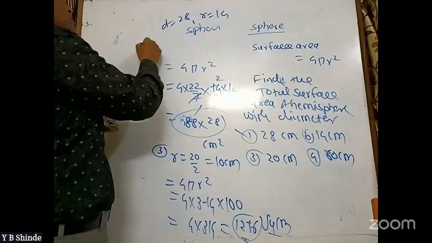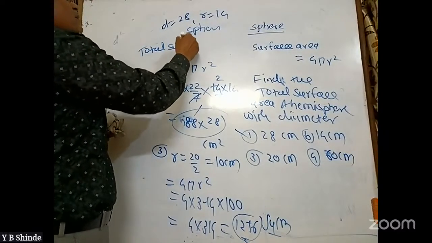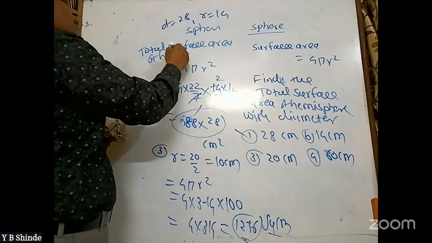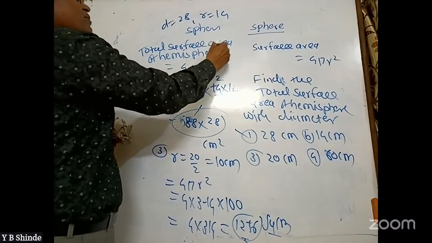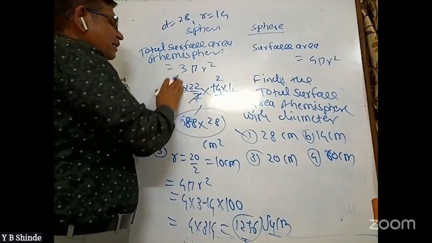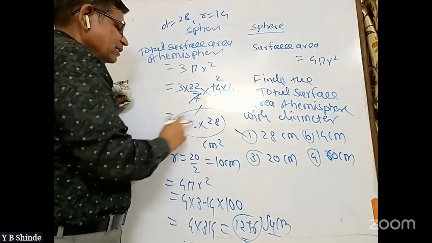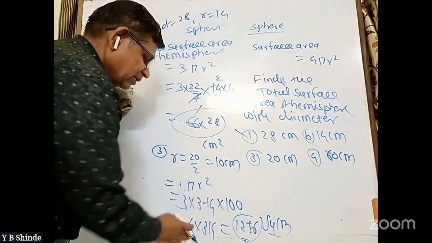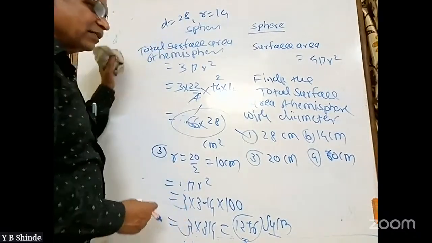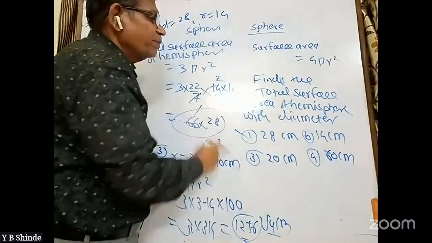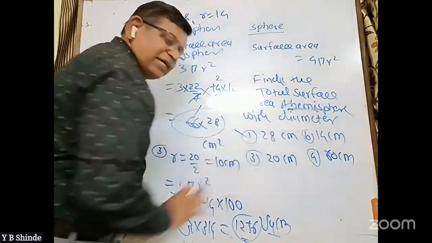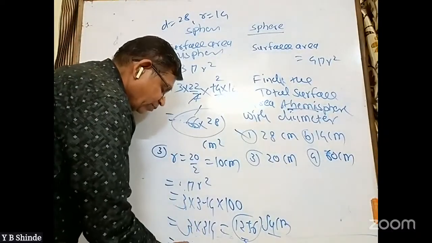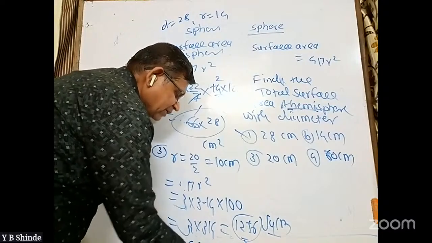What is the total surface area of hemisphere? Change in formula only. In place of 4, it will be 3. 3 pi r square is the total surface area of hemisphere. Same content. 3 into 3.14, 3 into 314 are 942 square centimeter.